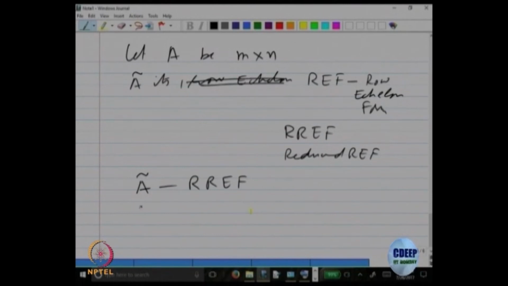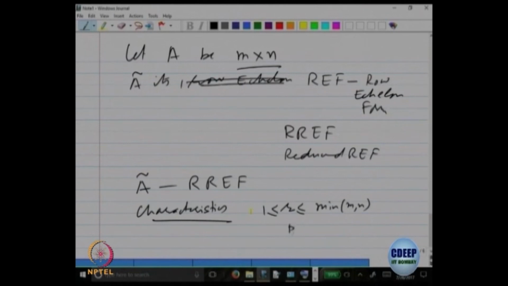So it is characterized, what are the characteristics of this? There is a number r, and this is m cross n, so there is a number r between 1 and the minimum of m and n.